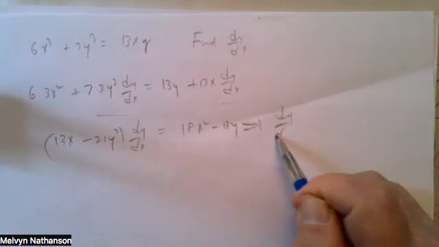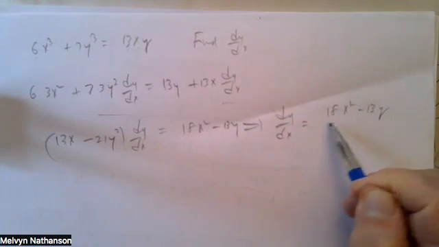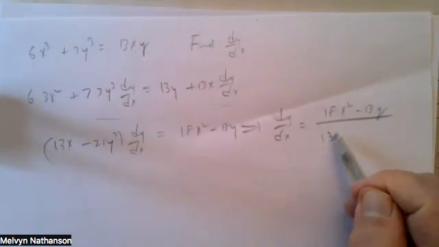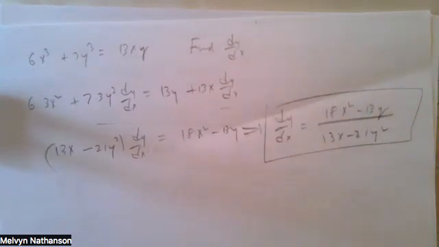So dy dx is 18x squared minus 13y over 13x minus 21y squared. And that is a nice example of implicit differentiation.